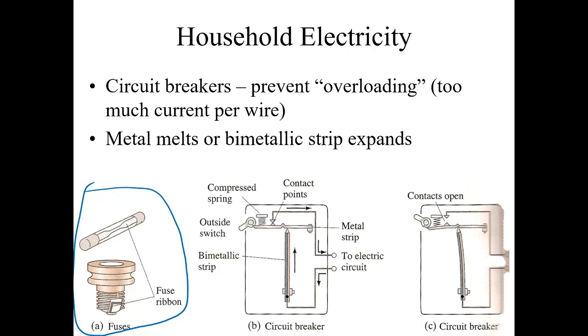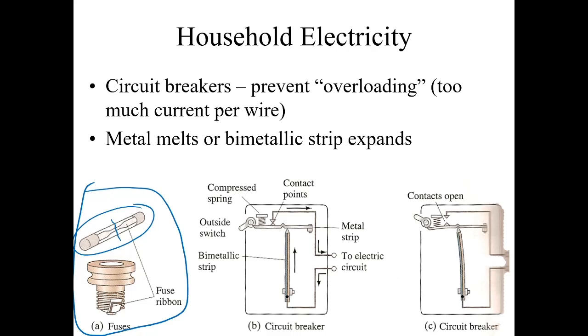Some of them look like this, like in a car. If you've ever changed a fuse in a car, it looks like a little cylinder. Or some of them you have to screw in, in the old fuse boxes. If too much current goes through, this metal strip melts, and then you have to throw it away. But because it melts, it breaks the circuit, and you're going to help your house. You're not going to hurt your house.